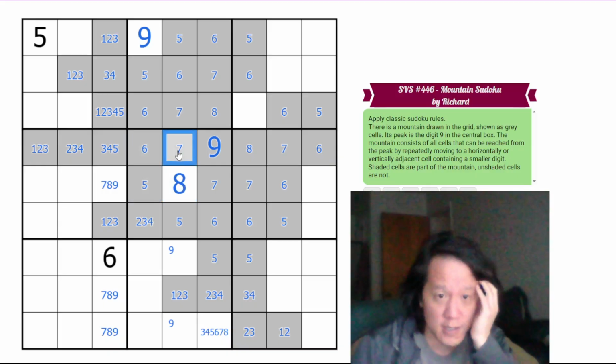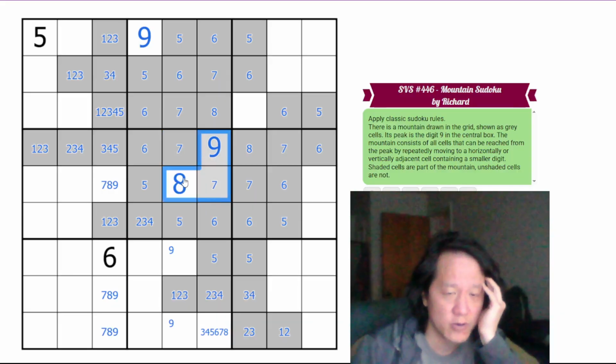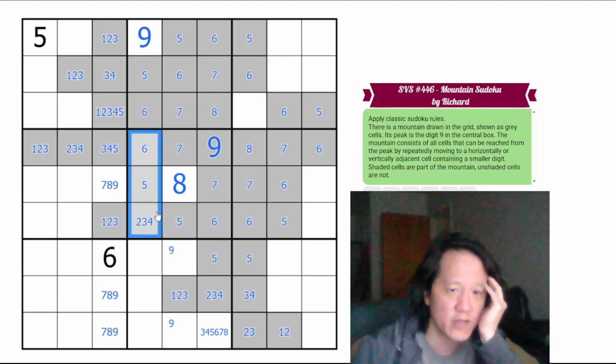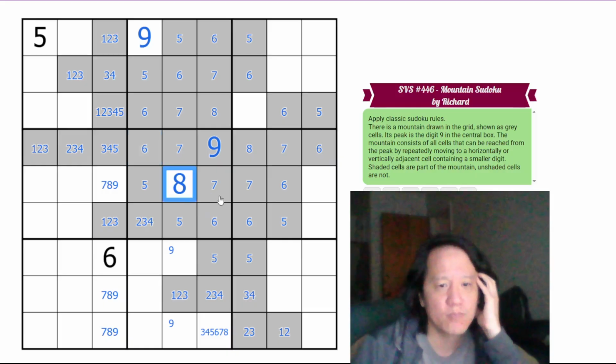Because either 8's here, which would force this to basically be part of the mountain, which it's not. Or 8 is somewhere else, but in that case it has to be part of the light region, because it can't be part of the mountain, because it goes down to go back up to the 8. And that's not possible. So the 8 has to be here.